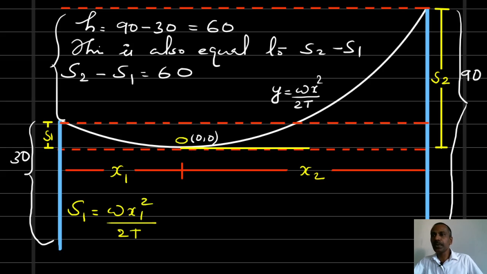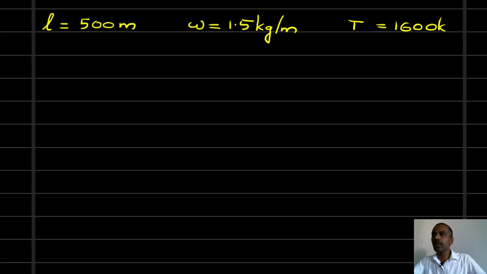Similarly, if you substitute this horizontal distance x2 with respect to the origin, then you will get this vertical distance. This is S2. So S2 can be written as W x2 square divided by 2t. These are the parameters given in the problem.